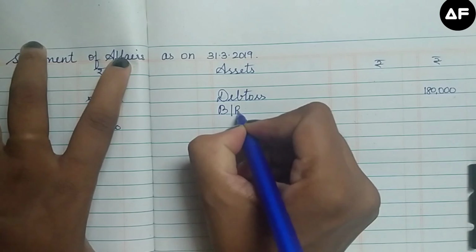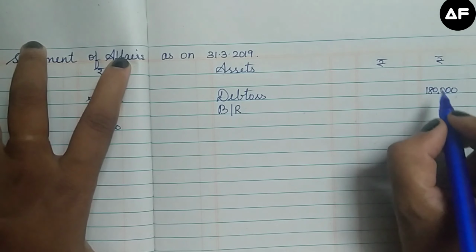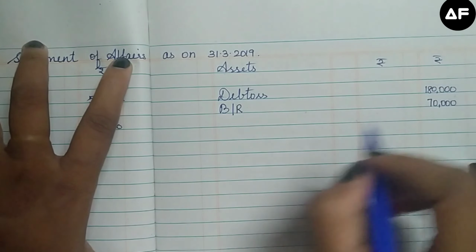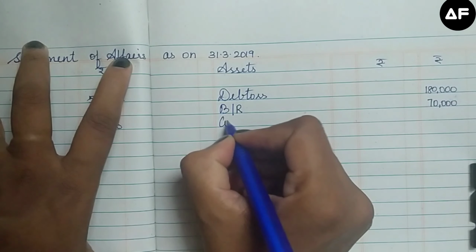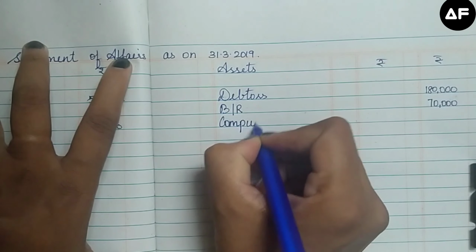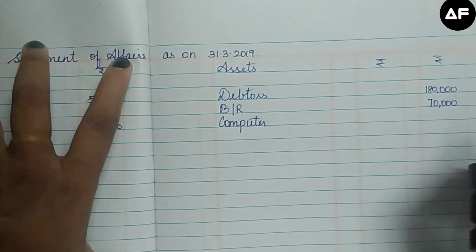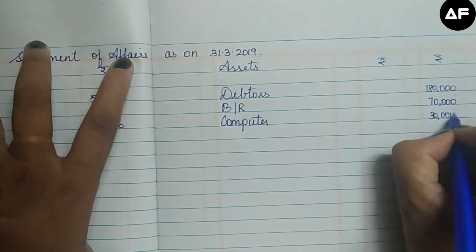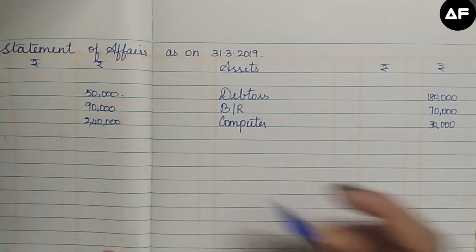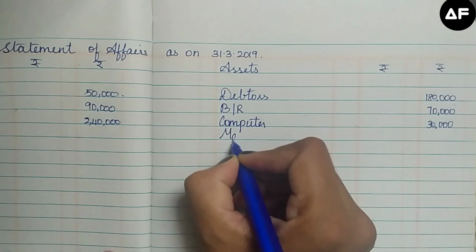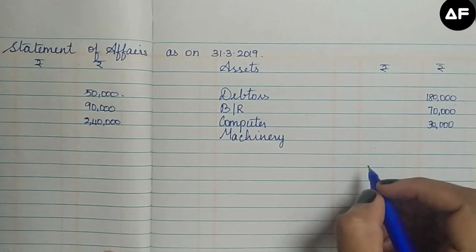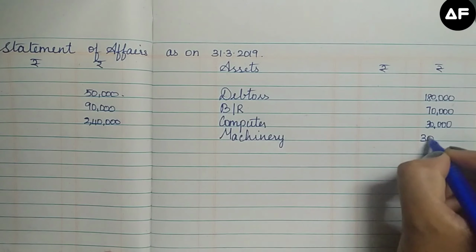So bills receivable rupees 70,000. Next is computer. Computer is an asset, which is 30,000. Next is machinery. Machinery is 3 lakhs.